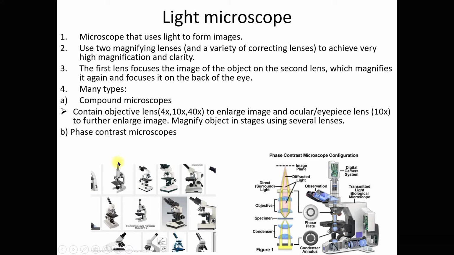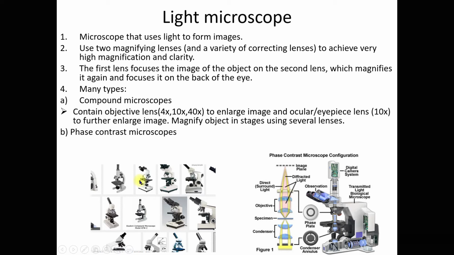This ocular lens always comes with a power of 10 times. And if you notice, there are two knobs here. This is called the fine focus knob. This is the coarse focus knob.